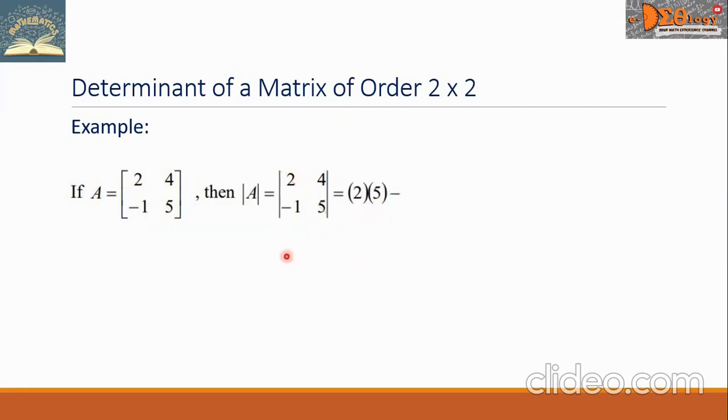Minus, we multiply negative 1 by 4. Simplifying this, we have 2 times 5 equals 10 plus negative 1 times 4, and then the negative sign here becomes positive 4. So we have 10 plus 4 equals 14. This is the final answer.